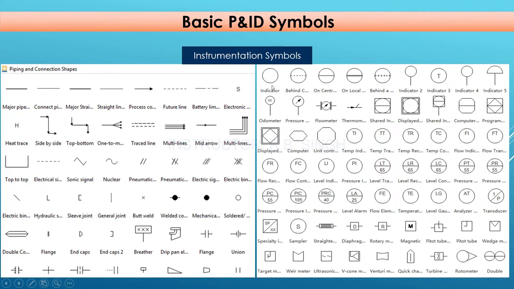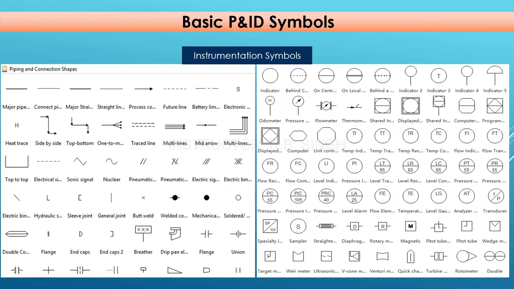But any signal which is going to the control system will be connected to the system also, like any transmitter. The transmitter will indicate locally, but its signal will be going to a system. We will see this in the P&ID. So these are some instrument indications, like TT means temperature transmitter, TI means temperature indicator.